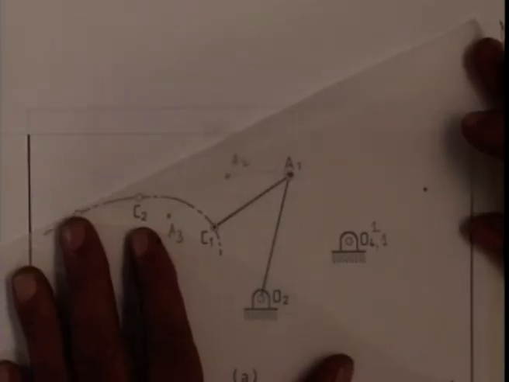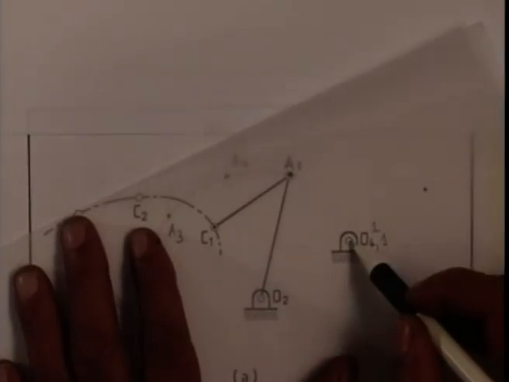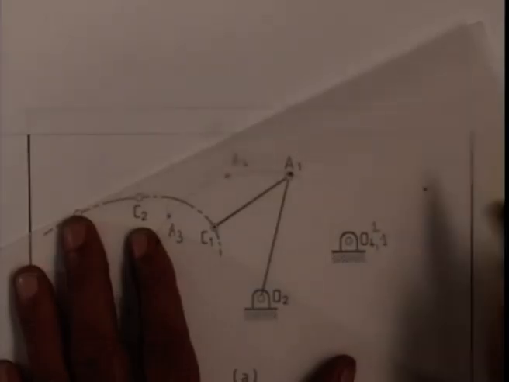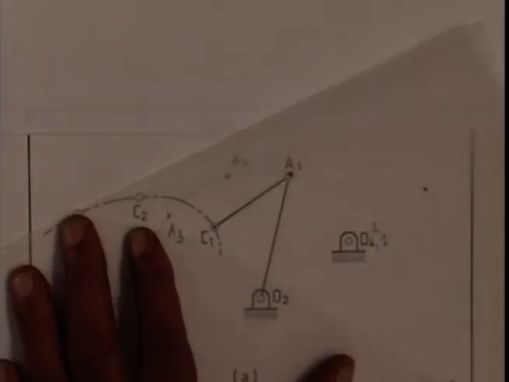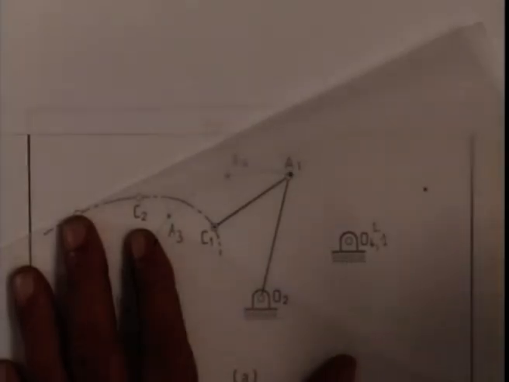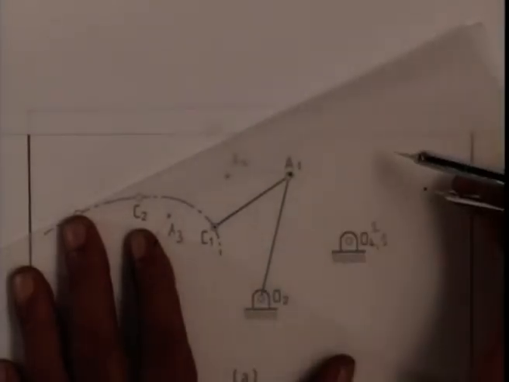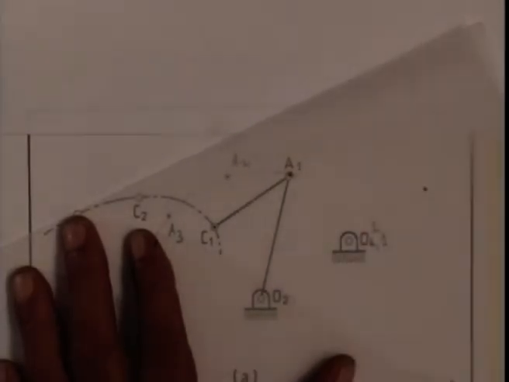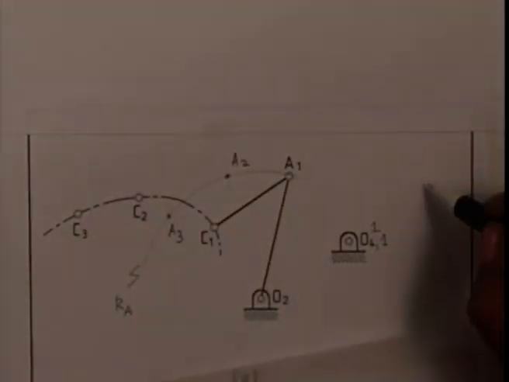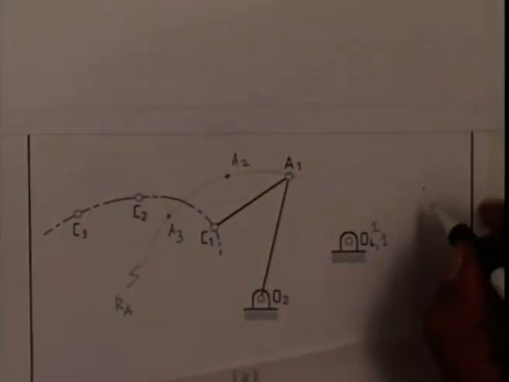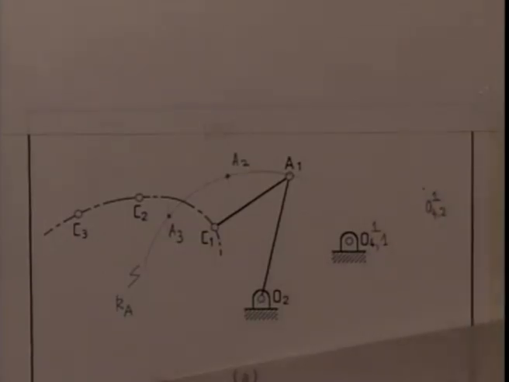A2 with A1, C2 with C1, and as we see, O4 moves here. So we mark this point on our drawing sheet. This point we call O4 corresponding to the second position but inverted on the first position. We call it O4 2 1.